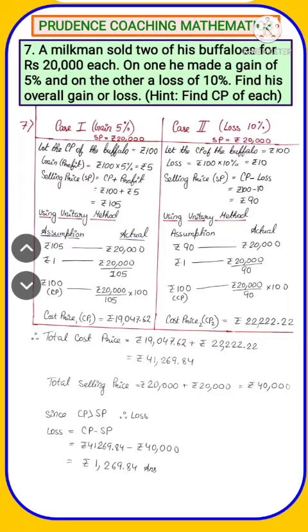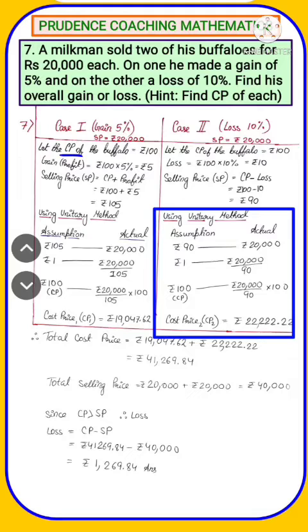So 1 equals rupees 20,000 divided by 105. But here we need to calculate the cost price, which is 100 rupees according to our assumption. So we know the value of 1 unit. With this, if we multiply by 100, we will get the value of 100. So we have multiplied it with 100, and we have got the actual cost price to be rupees 19,047.62 paise.